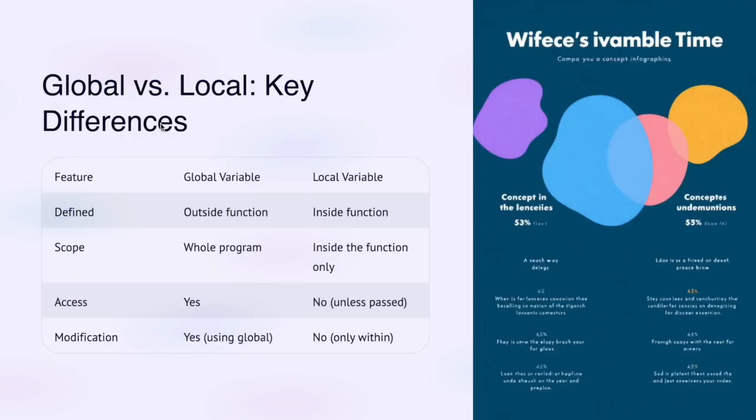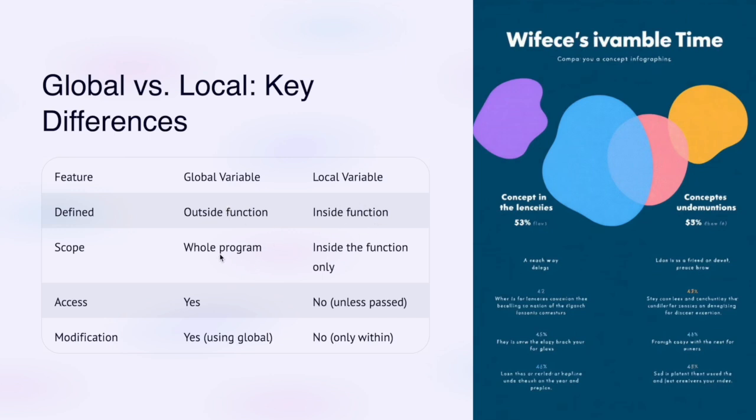So what is the difference between global versus local? Basically, global is defined outside the function and local inside the function.